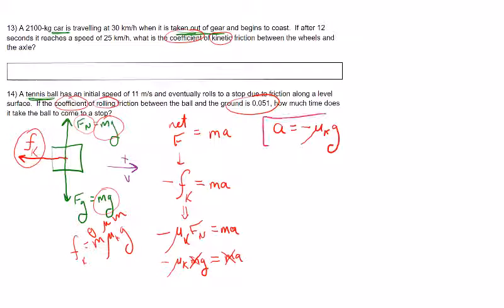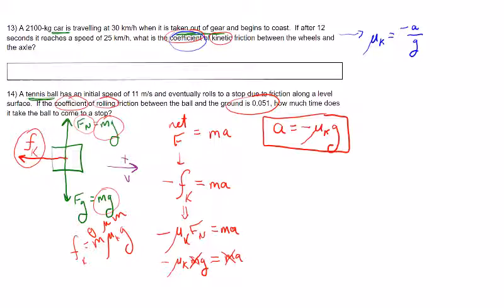And this is the new equation I can use in both of these problems. So when I come up here and ask how do I solve this one, I'm trying to find the coefficient of friction. I'm just going to rearrange this equation: it would equal minus the acceleration over gravity.